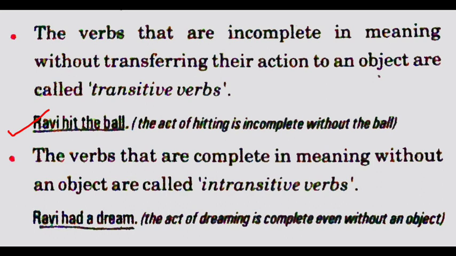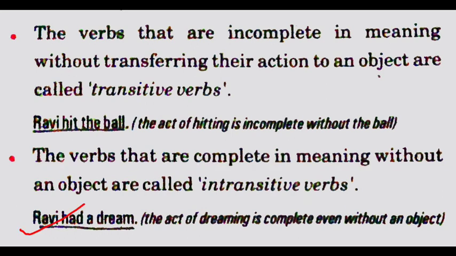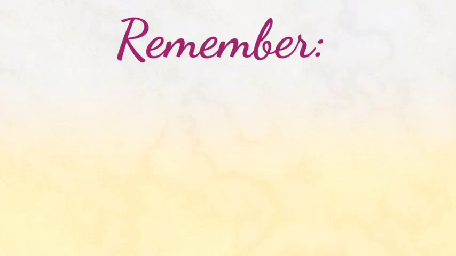So here the verb hit is incomplete without the object, the ball. Whereas in intransitive verbs, the verbs are complete in meaning without the object. For example, Ravi had a dream. So, the action of having a dream is complete even without an object. So, that is known as intransitive verb.